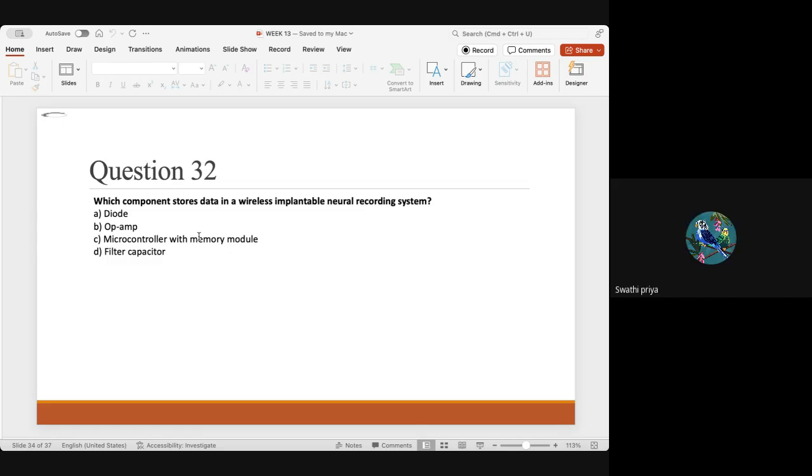Option C, ma'am. Yes, option C is the right option, the microcontroller with a memory module.